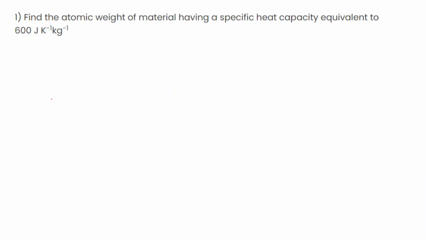Okay, so the next question is, find the atomic weight of material having a specific heat capacity equivalent to 600 joule per Kelvin per kg. So specific heat capacity value is given, 600 joule per Kelvin per kg. We have to find out the atomic weight of the material.